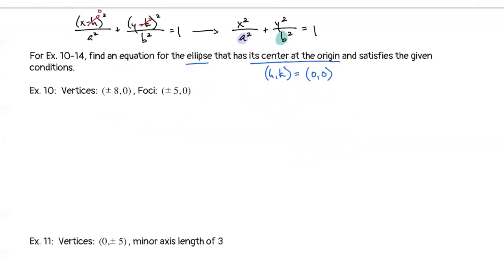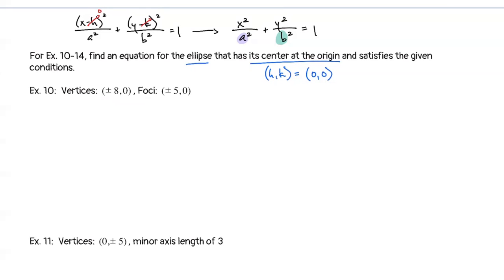So let's give that a try, okay? Example 10, we have vertices at plus or minus 8 comma 0 and foci at plus or minus 5 comma 0. Well, that to me is numbers, but if I could turn it into a picture, it doesn't have to be perfect.